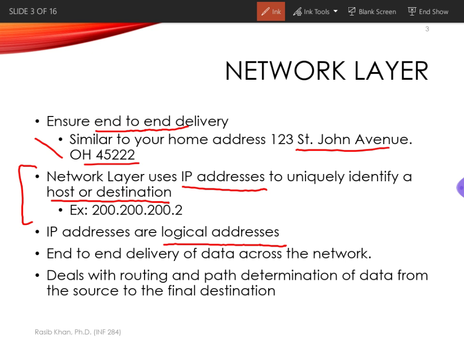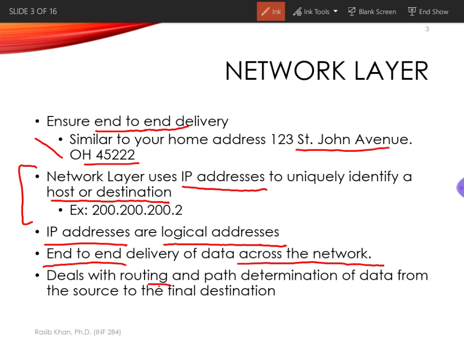This is something different from what we saw in the link layer, which works with MAC addresses, and MAC addresses are fixed for every specific network interface. So the MAC address does not change. However, the IP addresses are logical addresses, and they change based on the current point of attachment of a given device to the network. So what the network layer does is that it guarantees and ensures end-to-end delivery of data across the network and a network of networks.